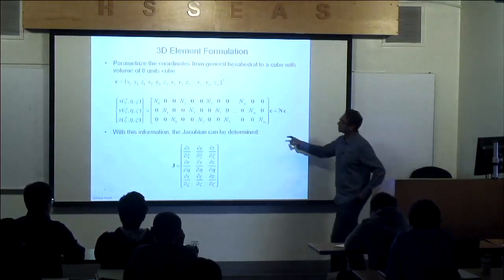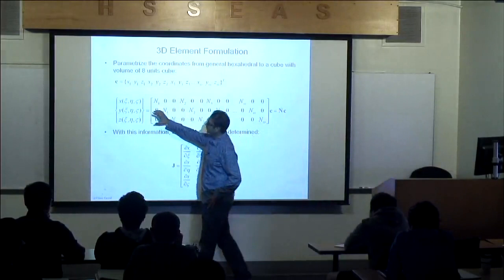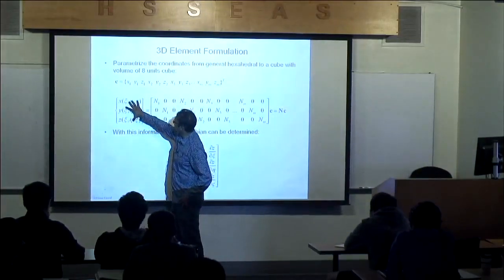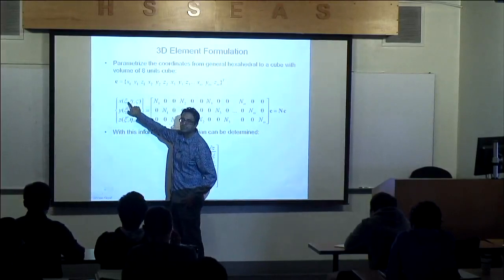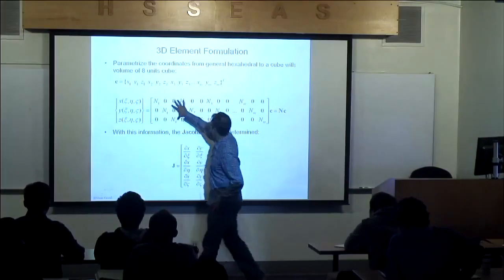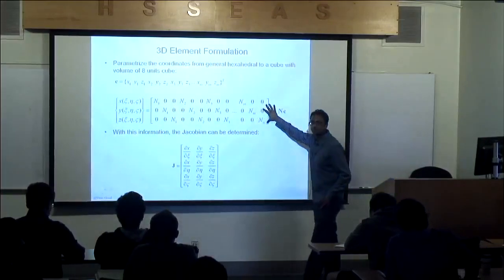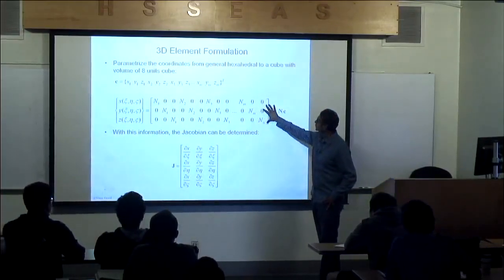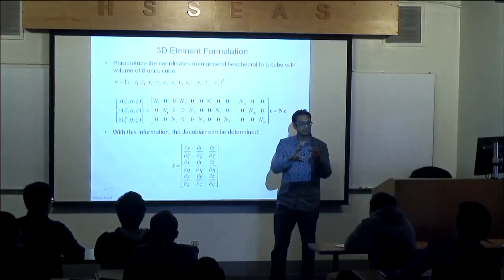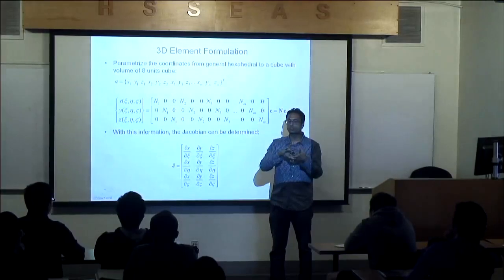So what I'll do, I'll parameterize x, y, and z so that now the shape functions are in terms of c, eta, and zeta. And I'll use the same shape functions. Why not? Use the same shape functions to parameterize x, y, and z, which is the coordinates inside that hexahedral or tetrahedron.